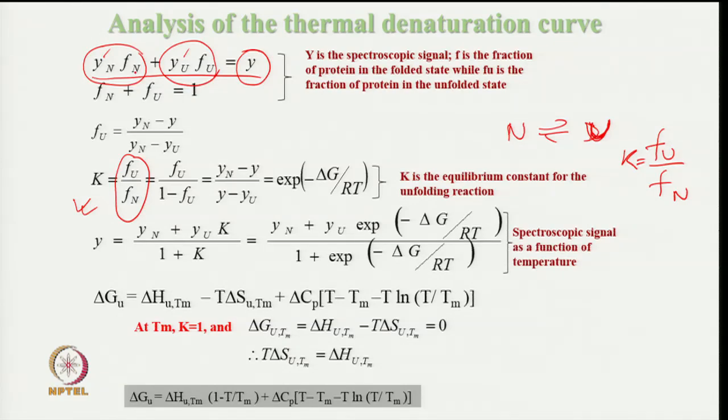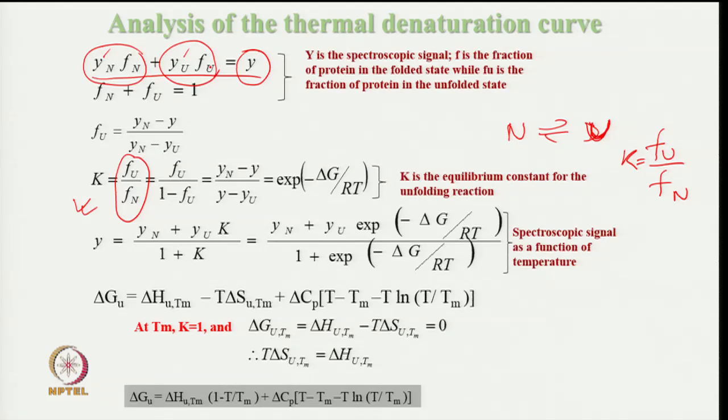So, if the fraction of native form is 1, it means Fu will be 0. So, y is simply Yn times Fn, which is equal to 1, so y is simply Yn. When the fraction of unfolded form is 1, in that case y will be equal to Yu.